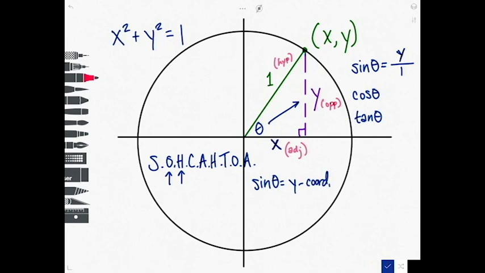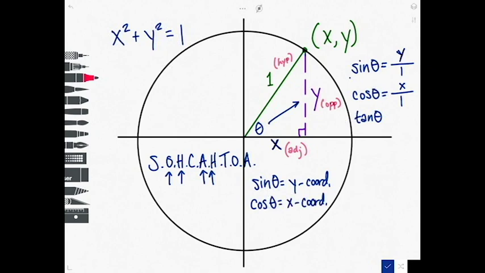Cosine of theta is adjacent divided by hypotenuse. Adjacent is x, divided by hypotenuse 1, x over 1 is just x. So the cosine of theta in the unit circle is the x coordinate.